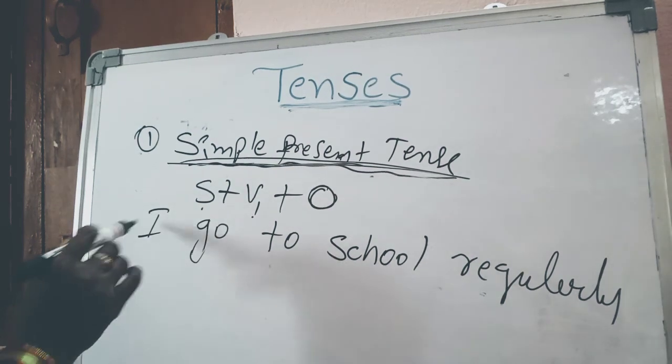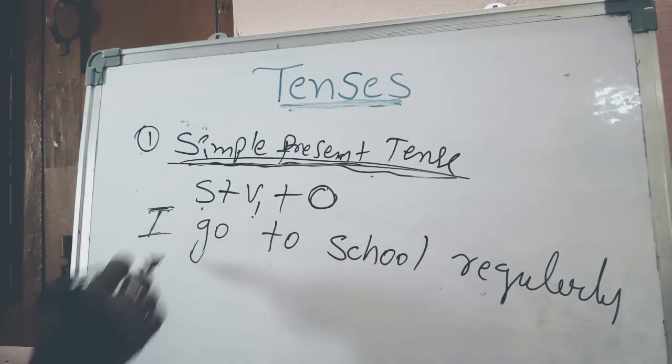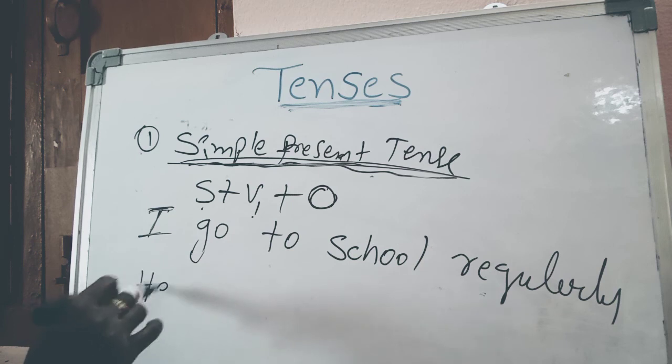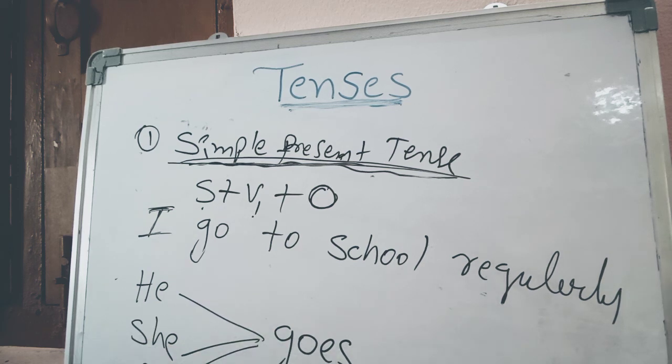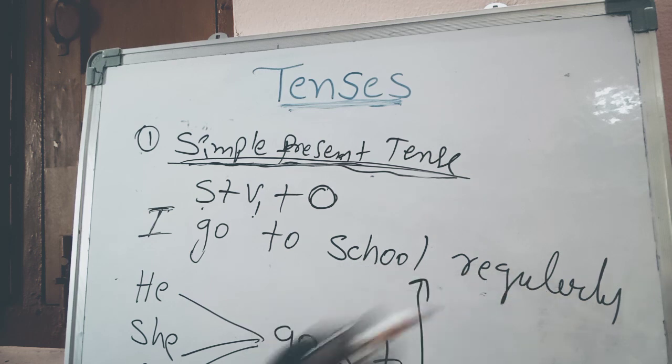Another thing here: in place of I, if you use he, she, it, we have to add es to go. He goes to school regularly. She goes to school regularly. It goes to school regularly.